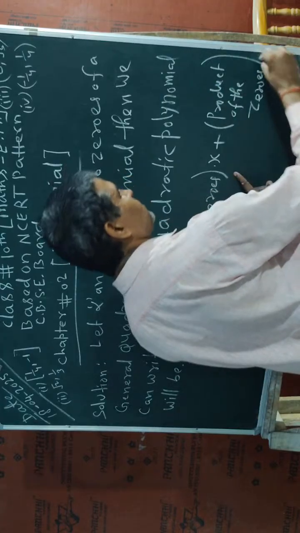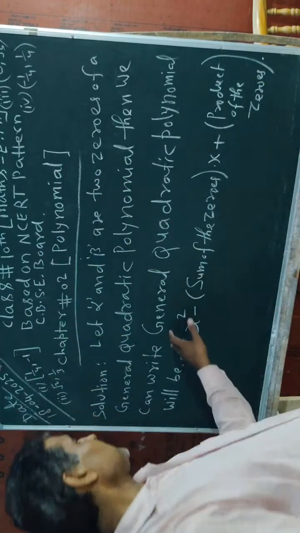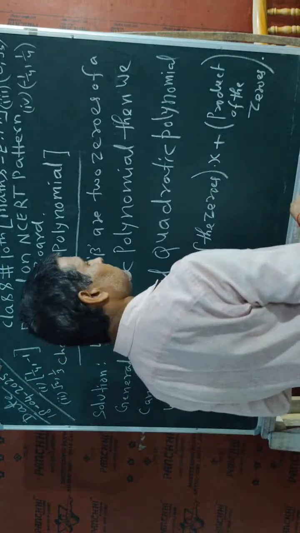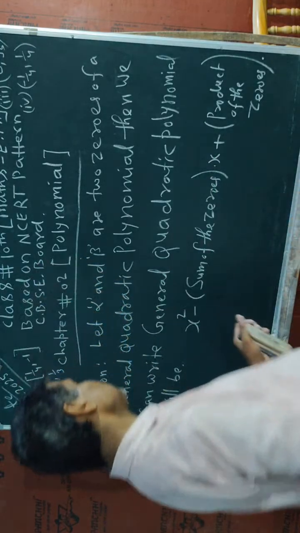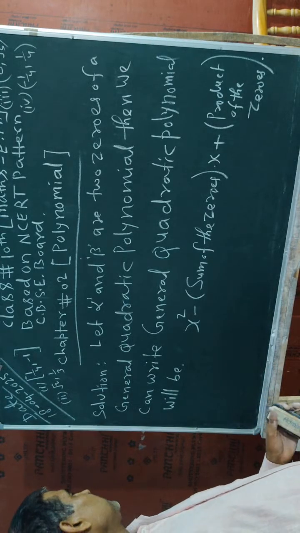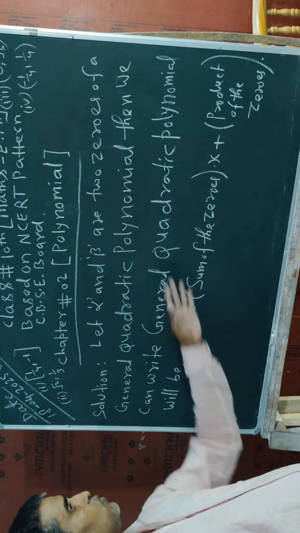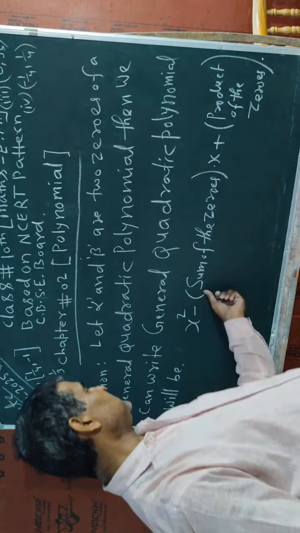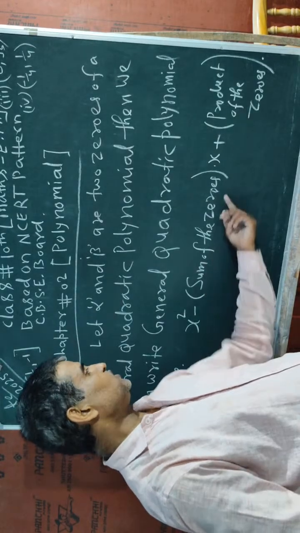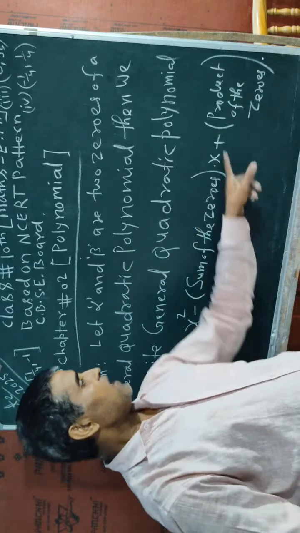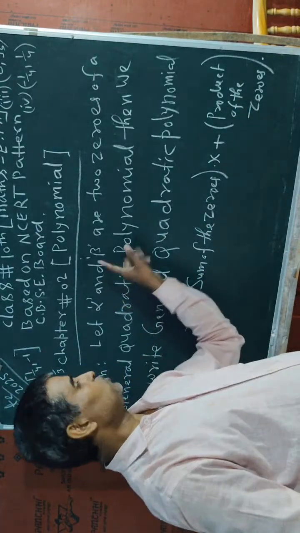Okay, student. So a general quadratic polynomial will be x square minus, here in the bracket I will write the sum of the zeros, that is, the sum of the zeros will be alpha plus beta, and the product of the zeros alpha into beta.